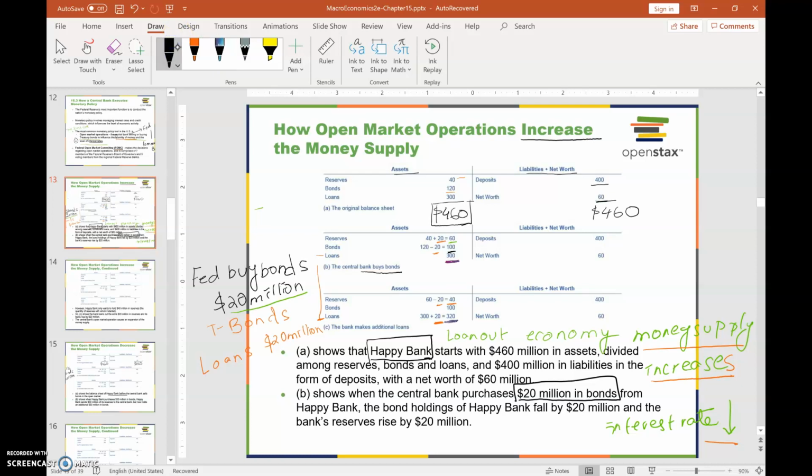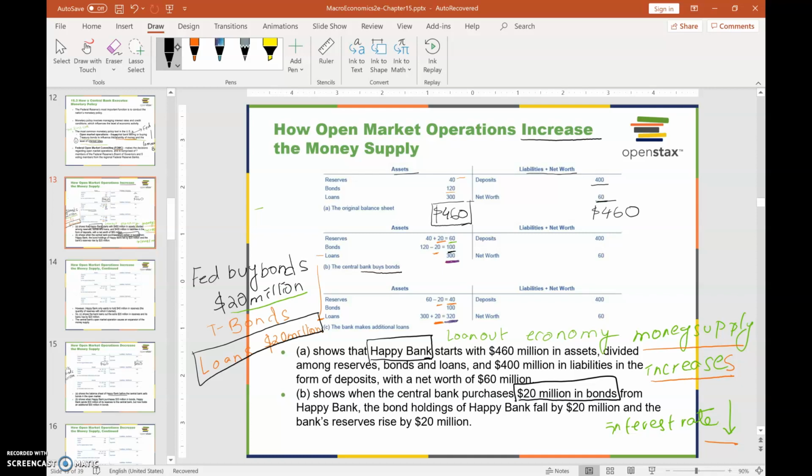What is the take home here? The Fed buys bonds from the commercial banks worth $20 million and the lending capacity of the commercial bank increases by $20 million.